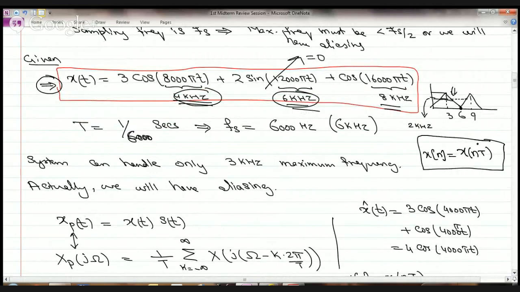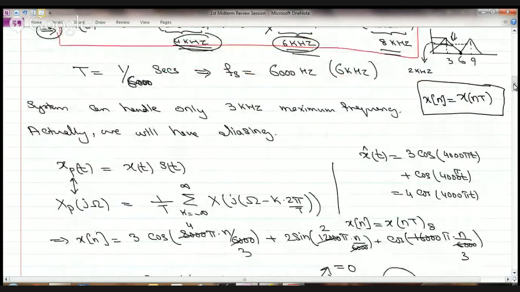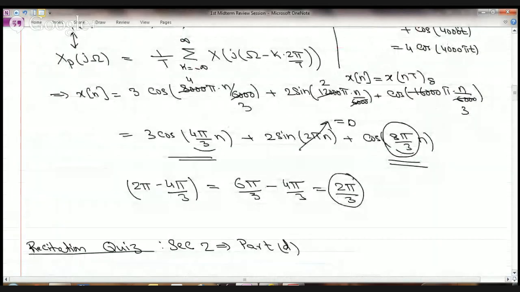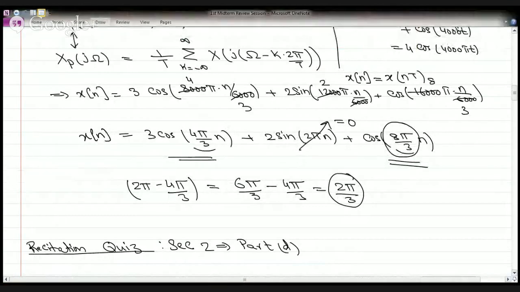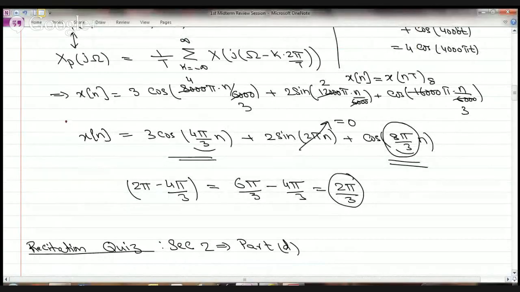So if you want to compute the Fourier transform of x[n], you first compute x[n], which is this thing. Yeah. So this is your x[n], and this is obtained by simply replacing little t by nT, and then doing some simplification.